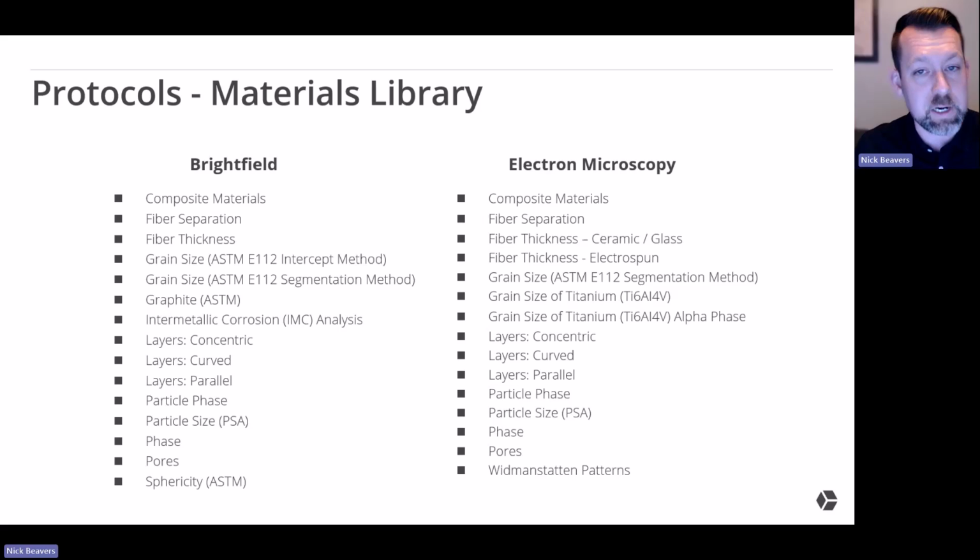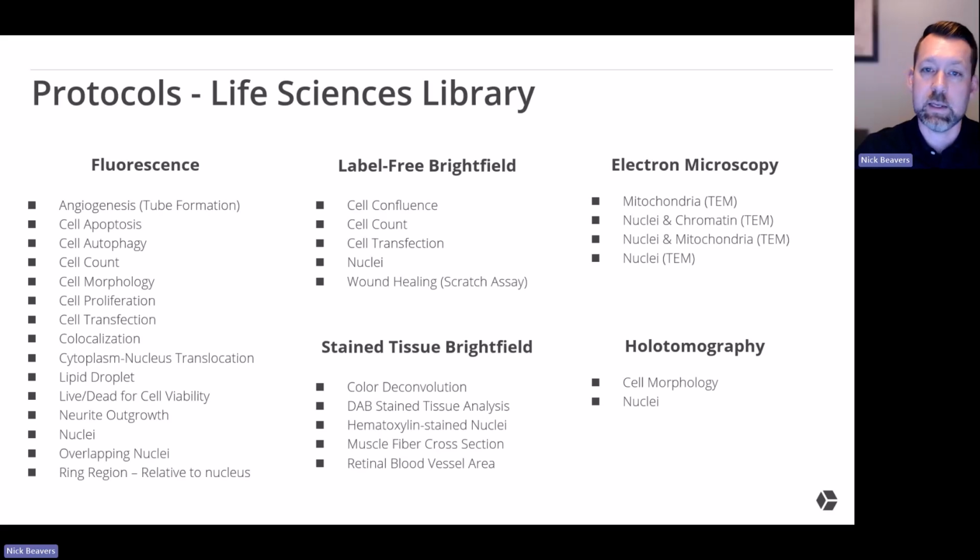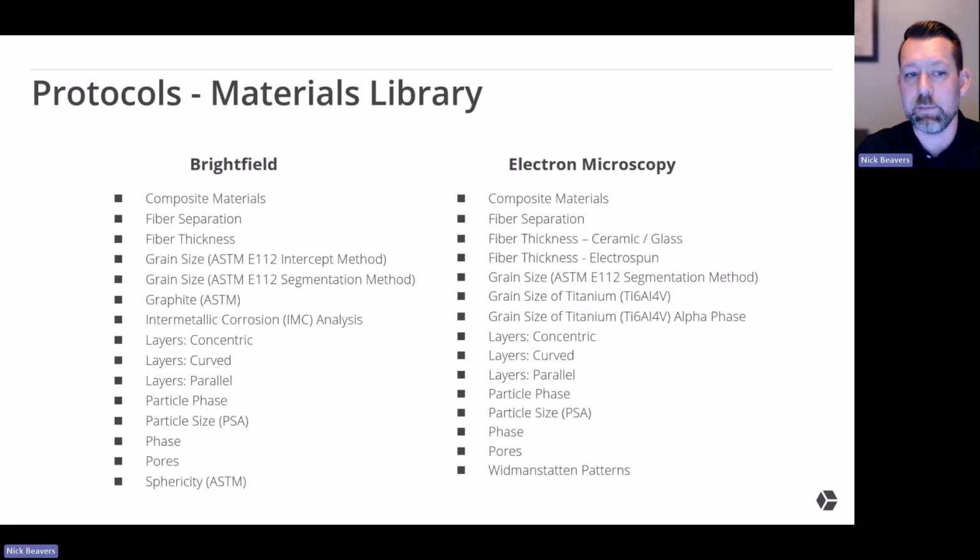And I saw a question in the chat. Thank you for that. How are these models trained? Where is the information coming from and that ground truth data? And the answer is everything in the life science library and in the materials library is made with images that we've worked with partners, customers, and open source images. Everything is publicly available and allowed to be used, and permission's been given.